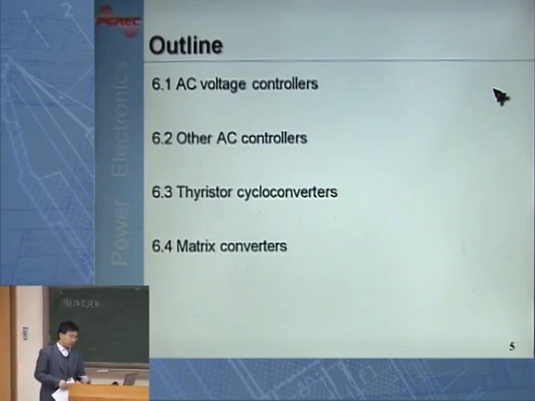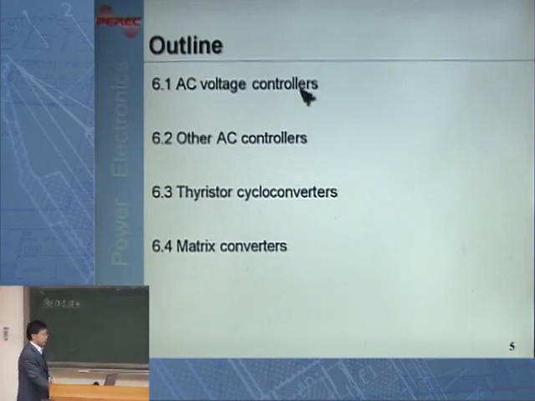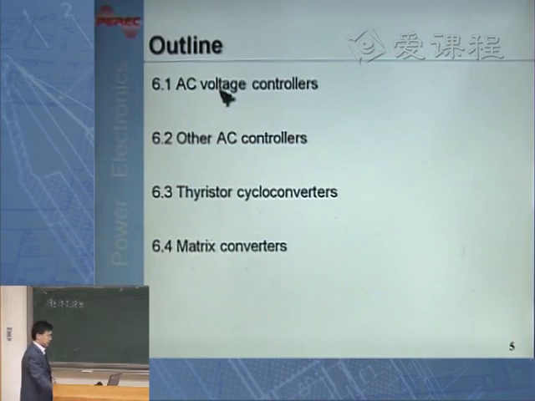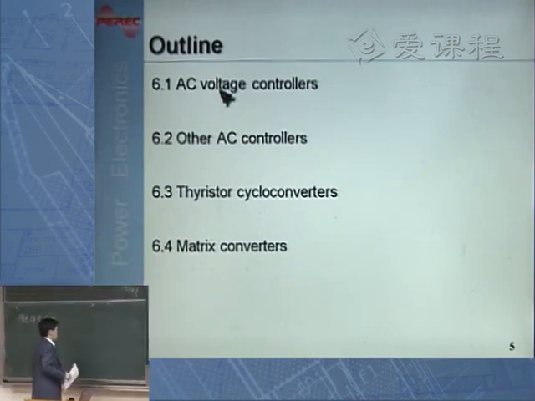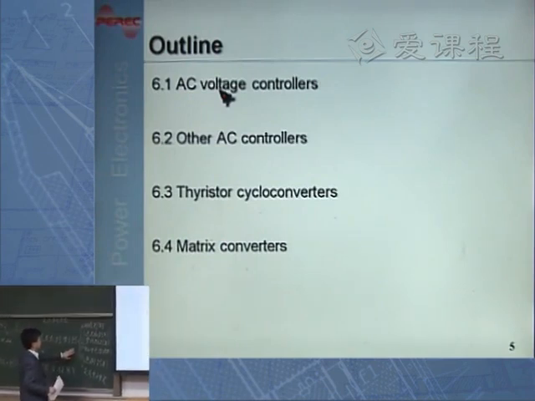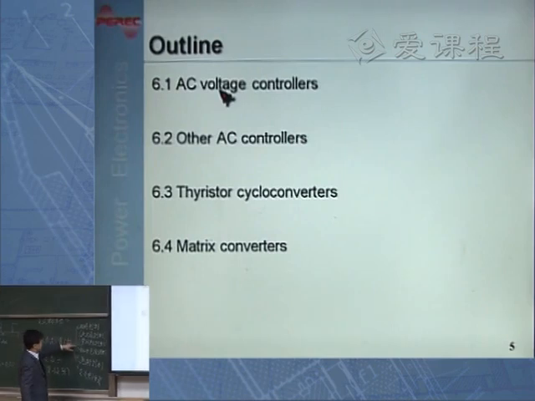We'll talk about AC voltage controllers. I forgot to mention that you have a special name when you are using integral cycle control, which is called AC power controller. When you are using on-off control, which is called electronic AC switch.